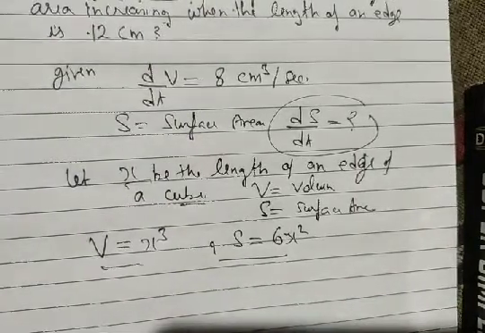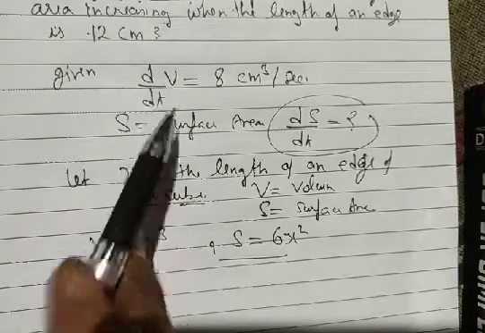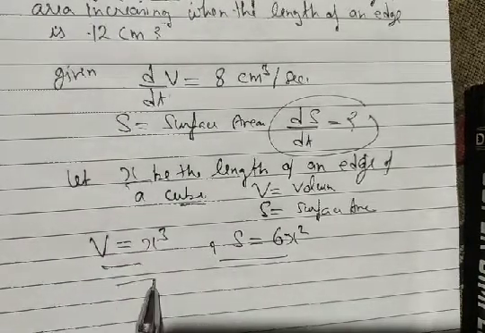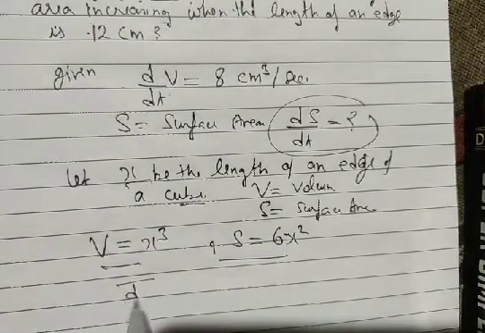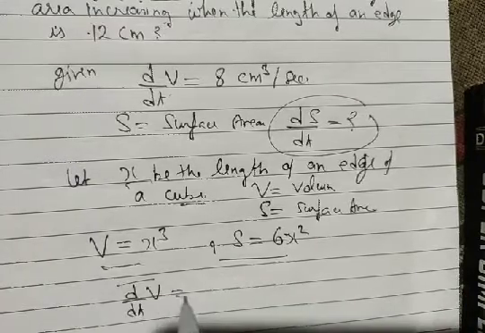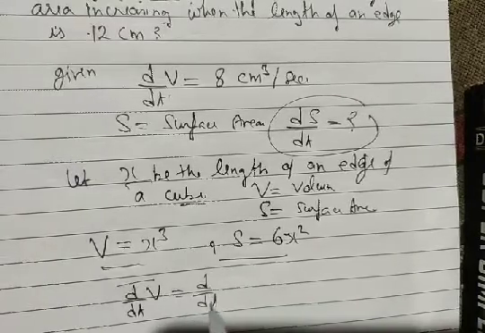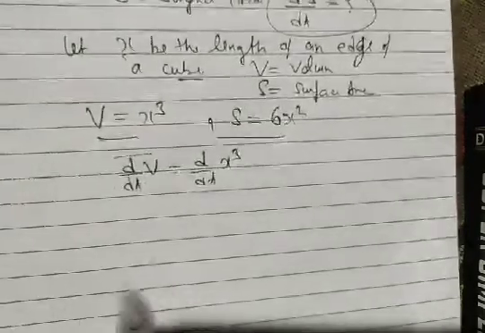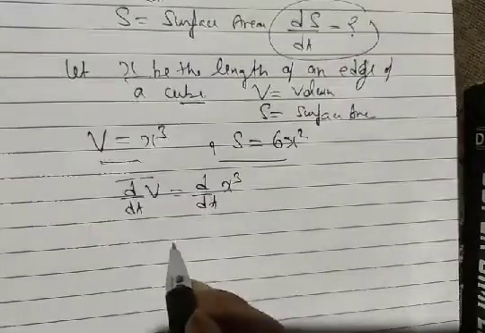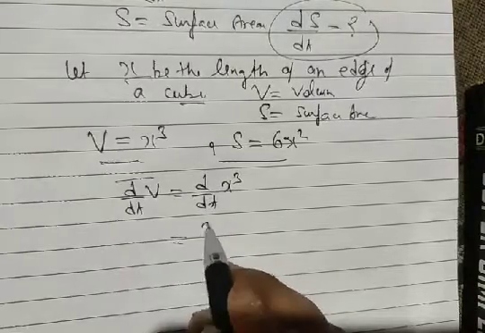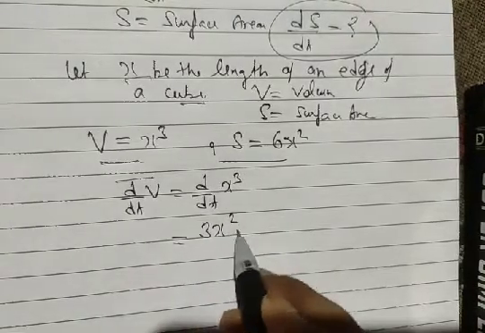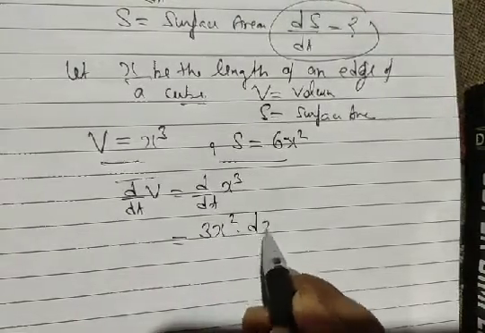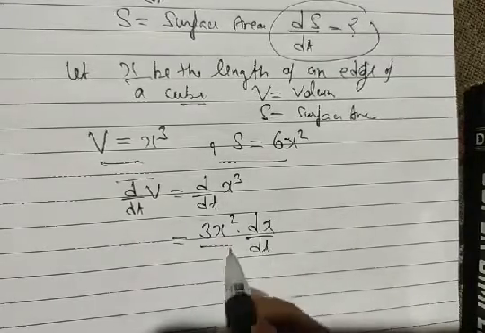Now we have given dV/dt. First of all we take its derivative. What is dV/dt? It's given by d/dt of x cubed, which is 3x squared times dx/dt.